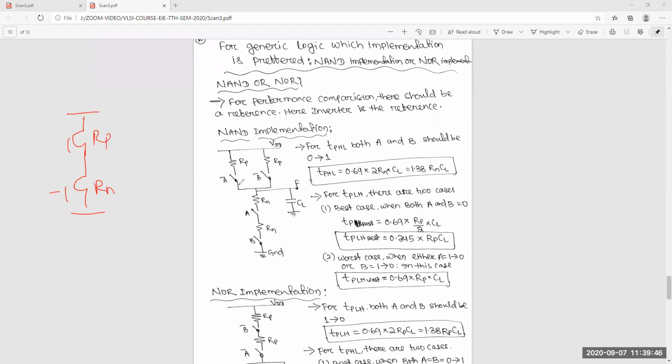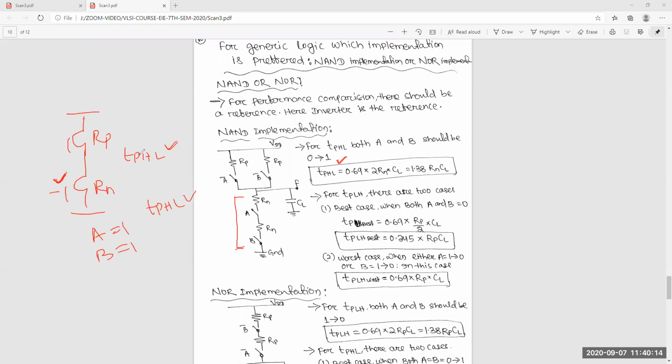But here, think about the TPHL, high to low. When this will be on, then it will get TPHL. Similarly, when both A is equal to 1 and B is equal to 1, you will get TPHL.